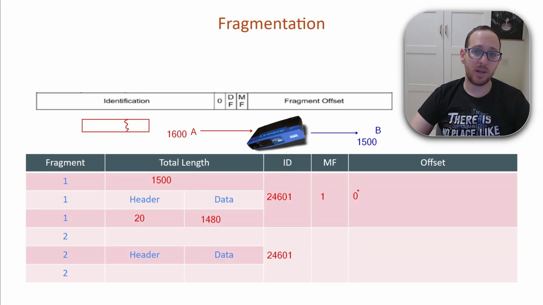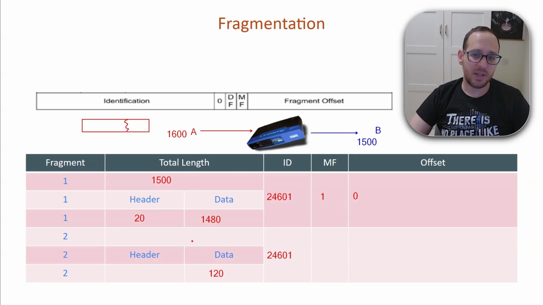Good. Now let's look at fragment number 2. So for fragment number 2, what's the total length? Actually, it makes more sense to start with the data. So we wanted to send 1600 bytes of data, which means that if we already sent 1480, we have 120 bytes left to send.